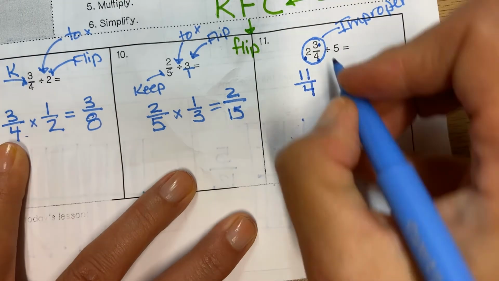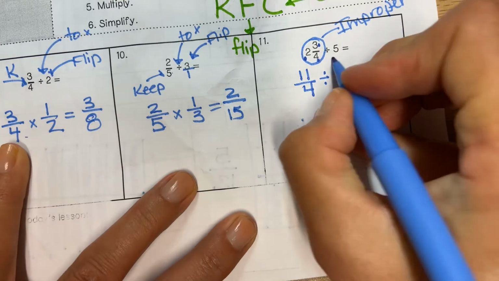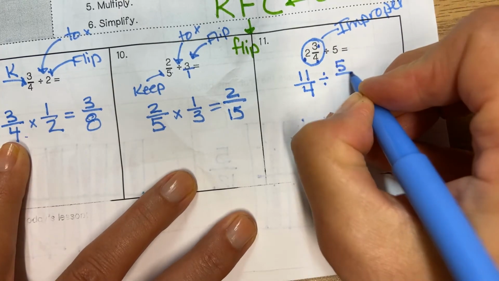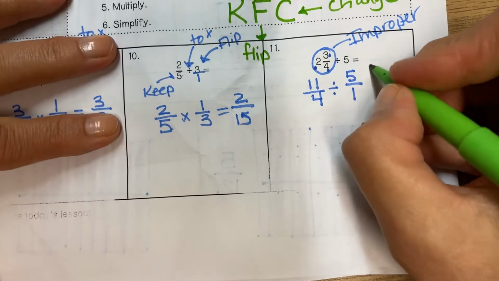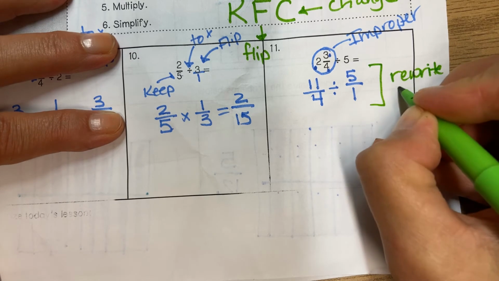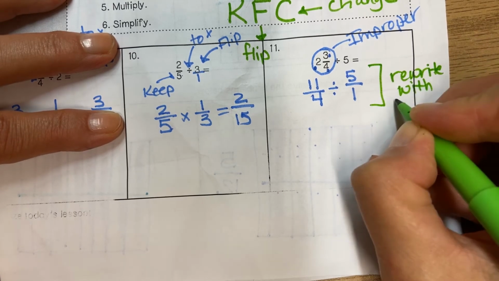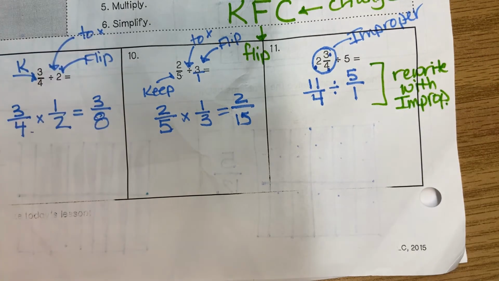Divided by 5 over 1. I didn't do the keep, flip, change, I just rewrote the problem with improper fractions. I'm going to write improp because I ran out of room.